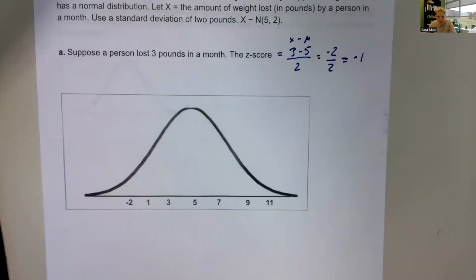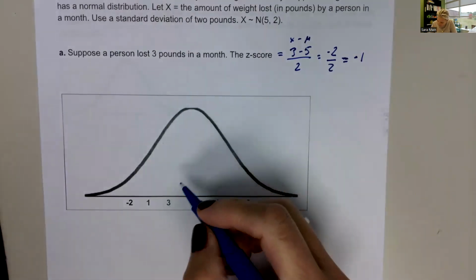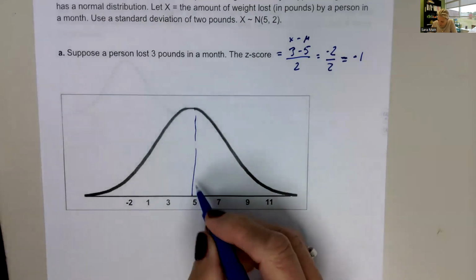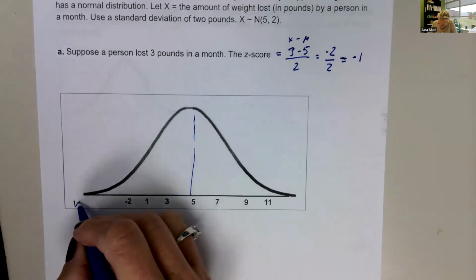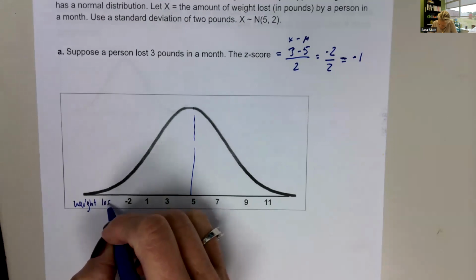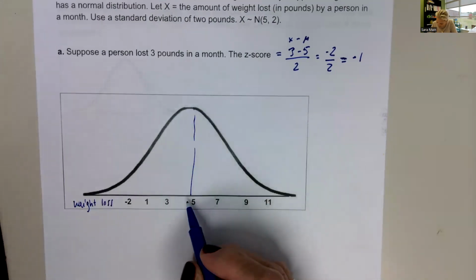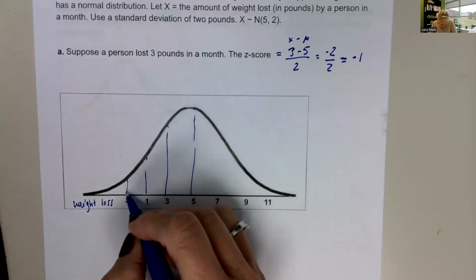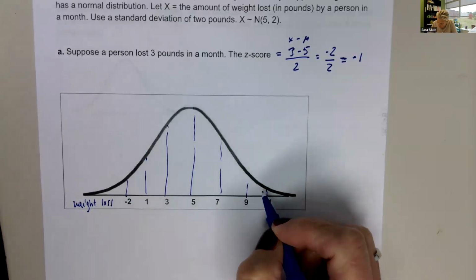So if we drew this as the weight loss, and we drew the empirical curve, then our mean would be at 5. The first standard deviation would be at 3 and 7, and then 1 and 9, and then -1 and 11.